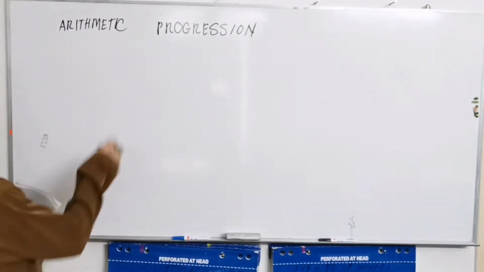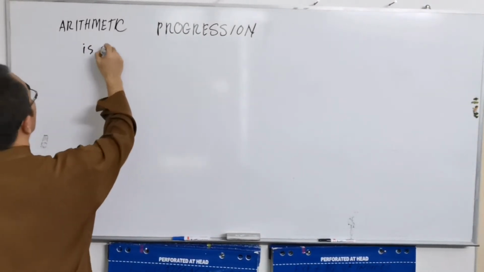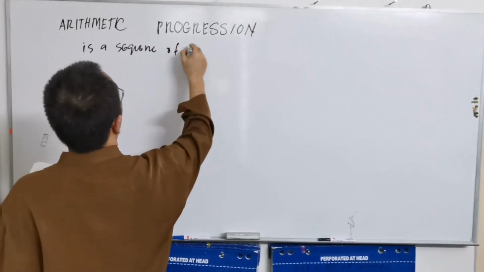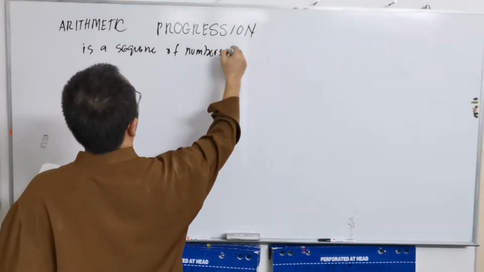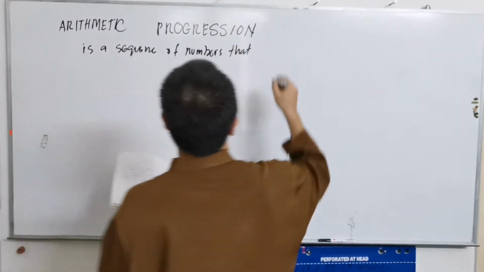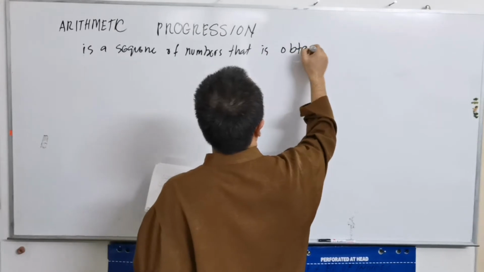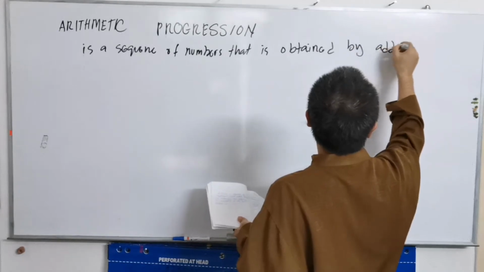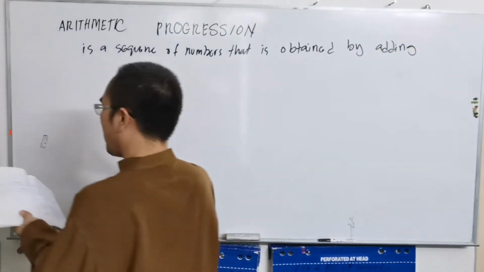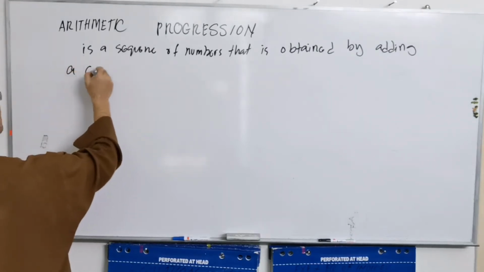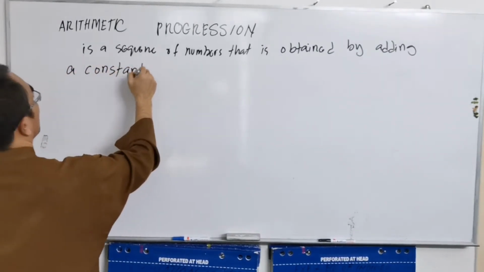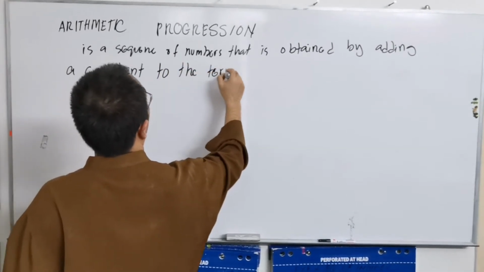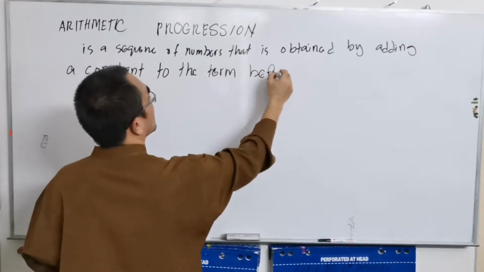It is a sequence of numbers that is obtained by adding a constant to the term before it.